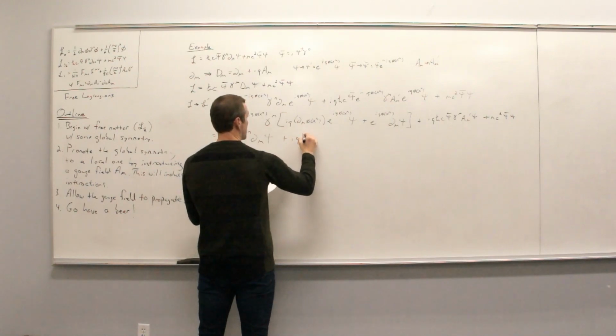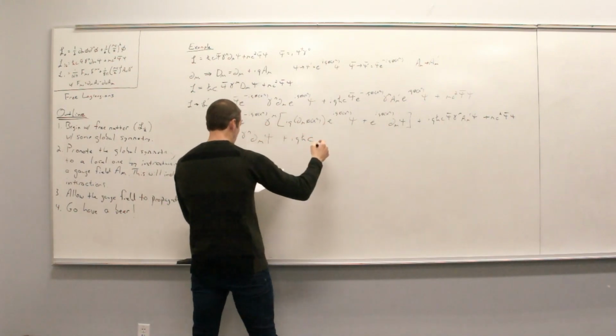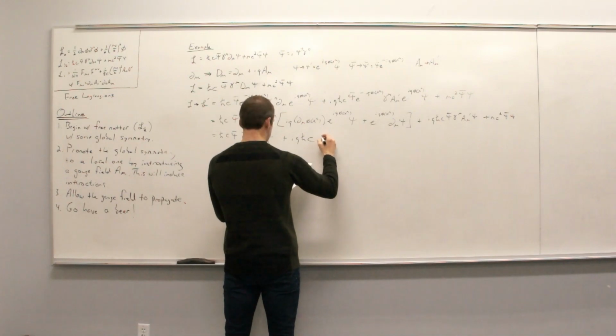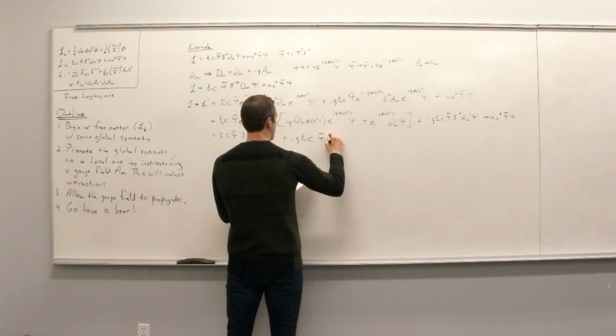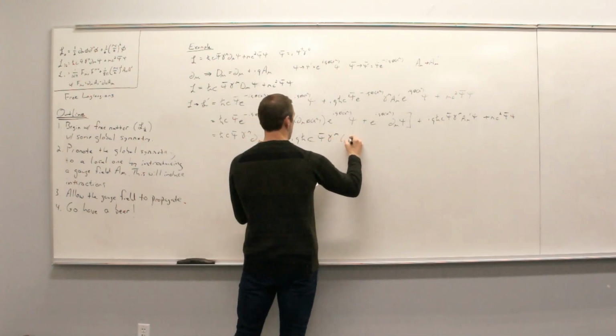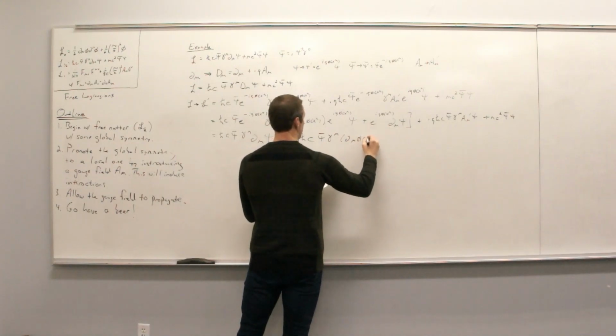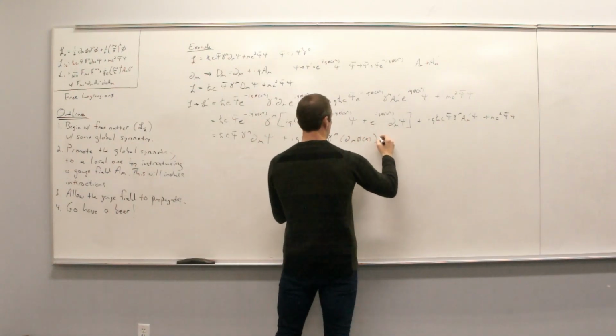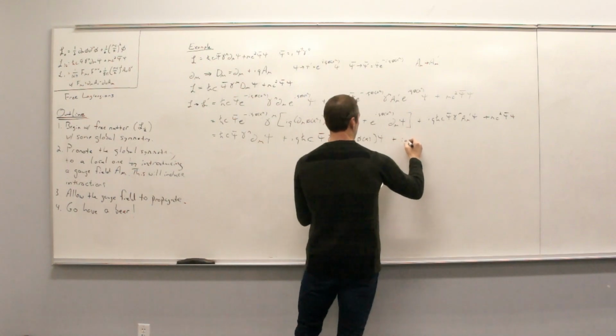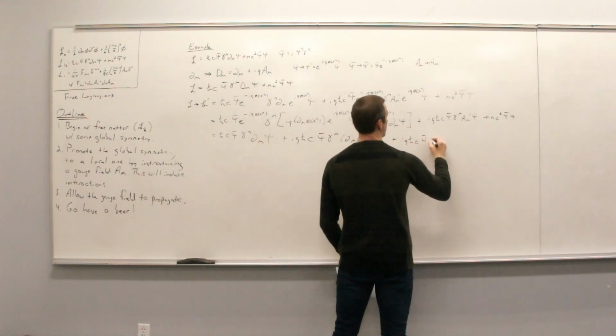And then combining these terms, we're going to have e to the i h bar c psi bar gamma mu d mu phi of x times psi. And these terms are the same.